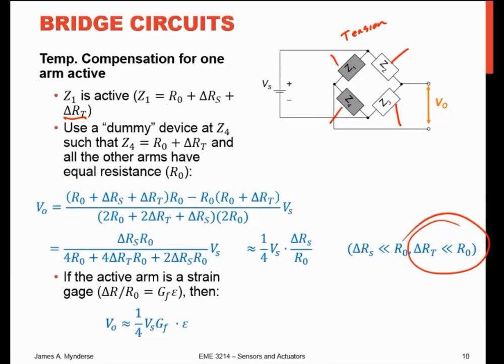Now, if we had perfect components, that's all we need to do, right? If I just said, I'll make this 120 ohms, this is 120 ohms, this is 120, and then the thermal effects, and this is 120 plus delta R due to tension, that's fine.